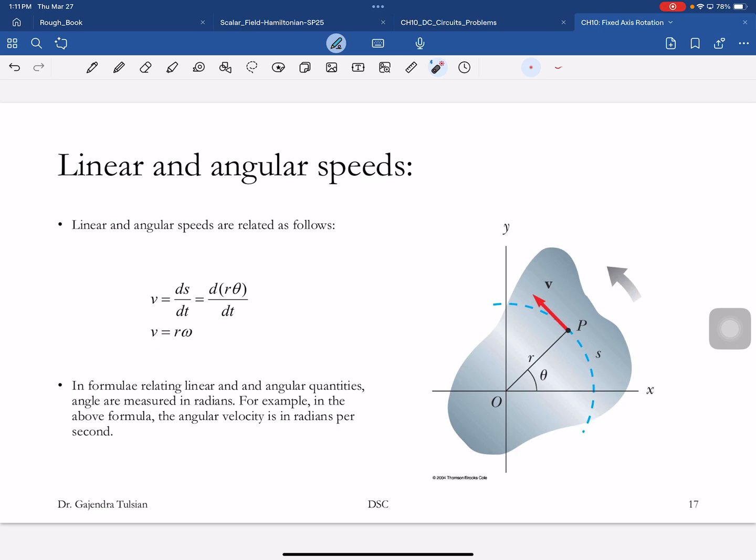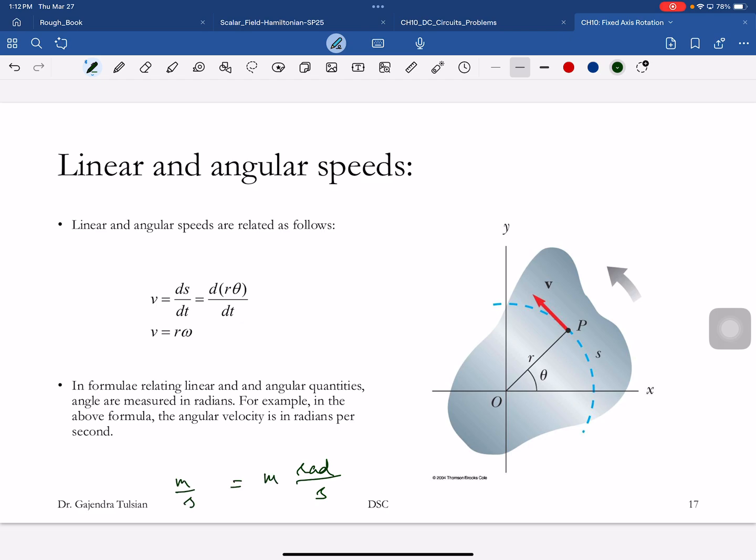Now in these formulas that relate linear quantities to angular quantities, these angular quantities have to be in radians and radians per second. So this angular velocity is in radians per second. If r is in meters, then the velocity comes out in meters per second.